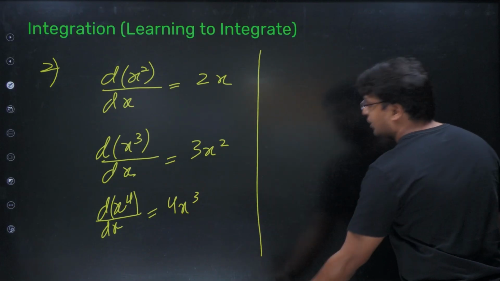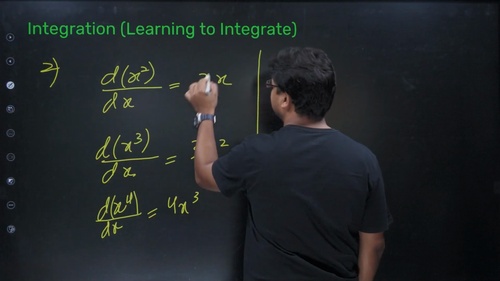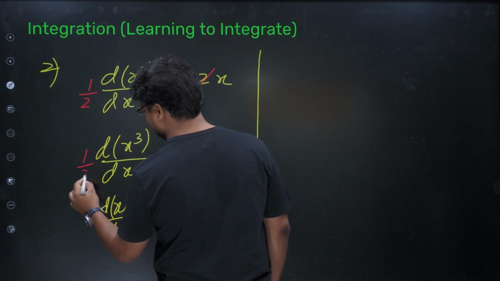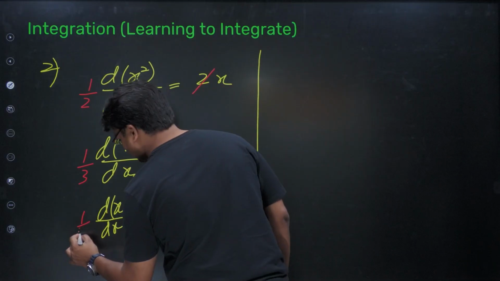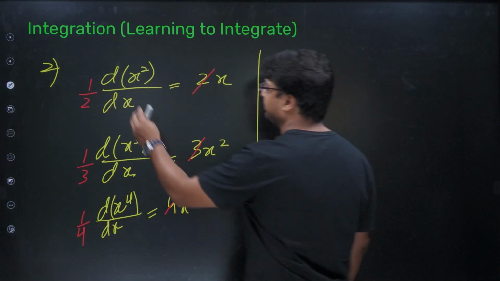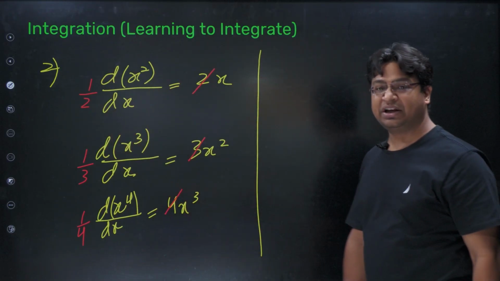Now, what I can do, I can take this 2 from this side and put it on this side. I can take this 3 this side. I can take this 4 this side. And not only that, I can then take this half, which is constant, inside the derivative symbol also.